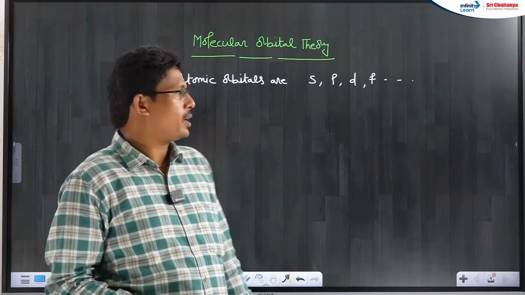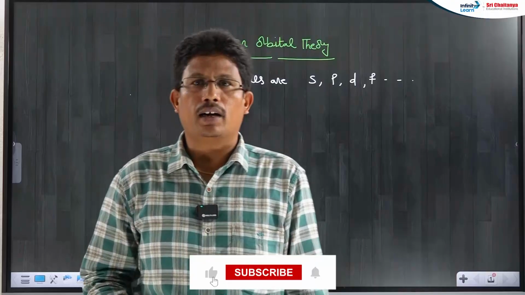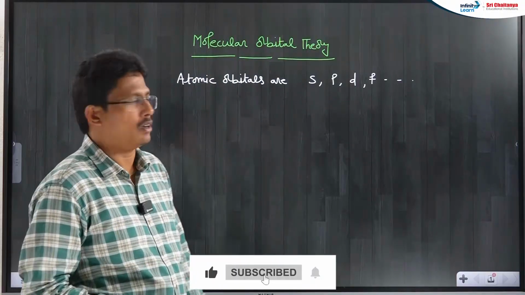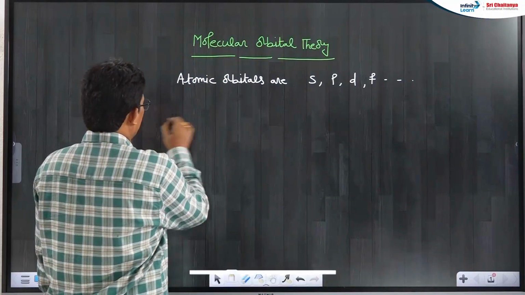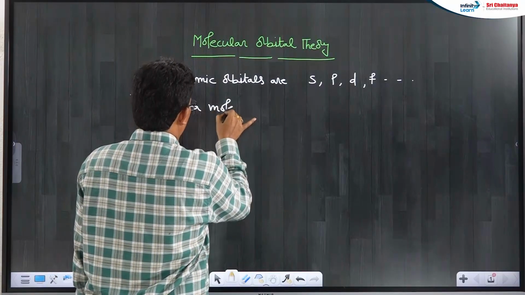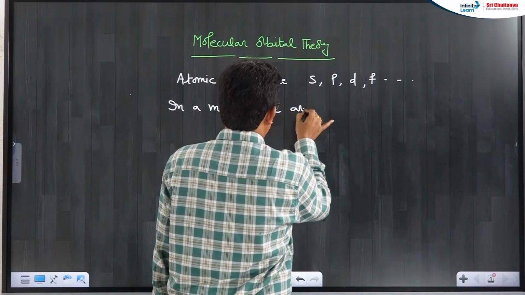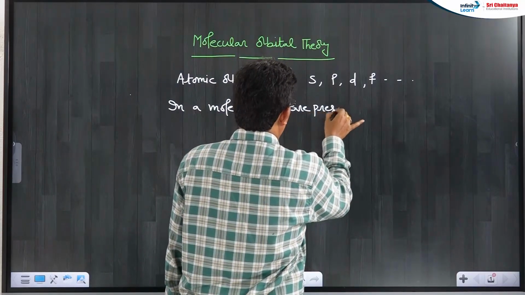Electrons in an atom are present in atomic orbitals, but in a molecule, electrons are present in molecular orbitals.